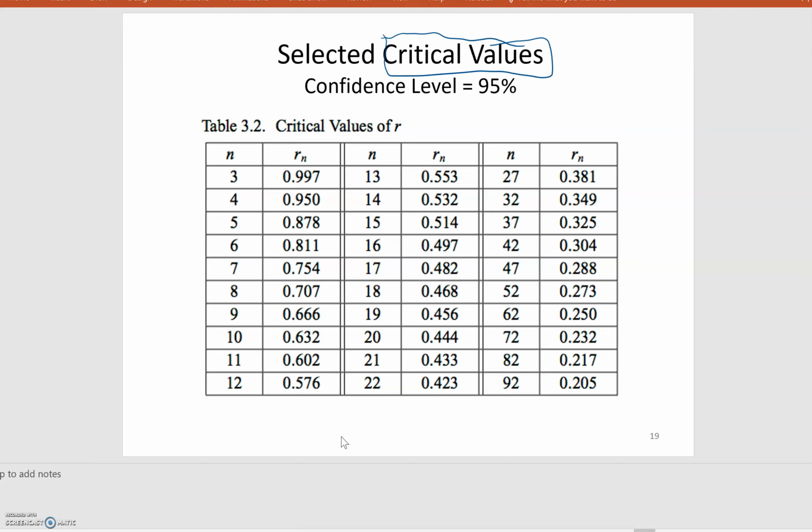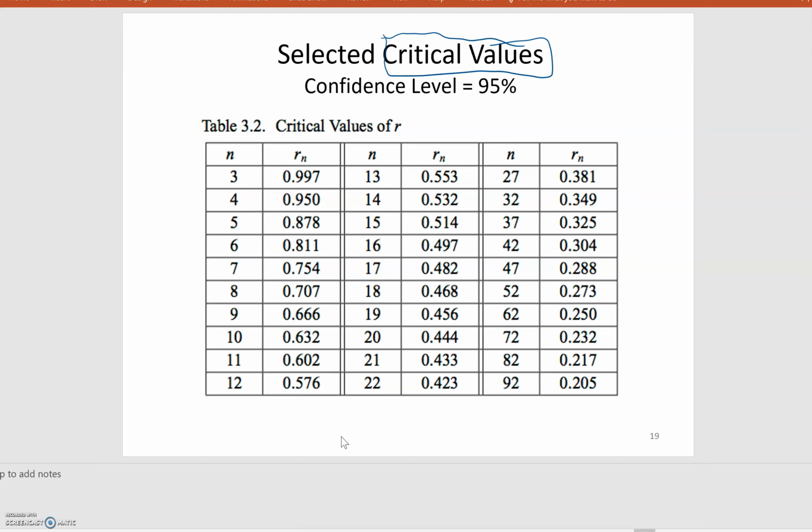Obviously, we're not going to expect you to memorize this chart. You can use this for reference if you print it out and so forth. But anyway, what's the idea? In our example, we have 10 data points, and notice here that we've got a column that says n, and in n you've got different numbers of data points.